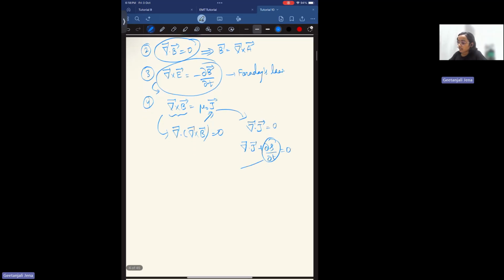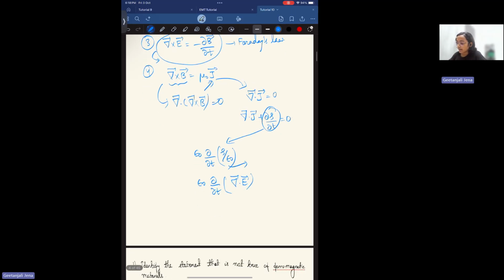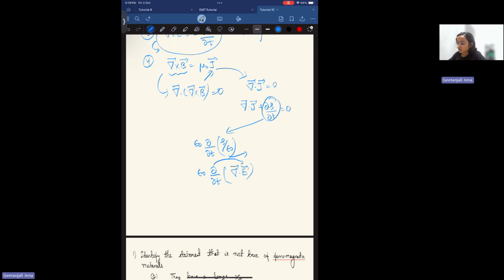To rewrite it in terms of the electric field, one thing you can do is write this as rho by epsilon naught, and if you recall the first equation, this is nothing but divergence of E. We can also take dou by dou t inside.